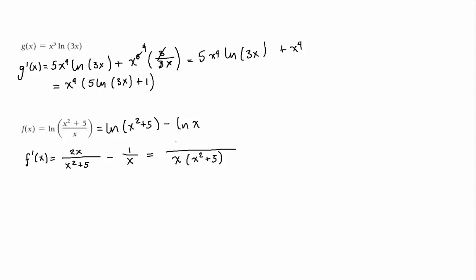You get 2x squared minus x squared plus 5. And that becomes just 2x squared minus x squared is going to be x squared, and then minus 5. All right, and that gives you a nice expression for your derivative.